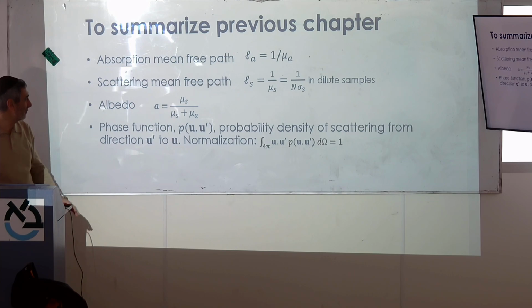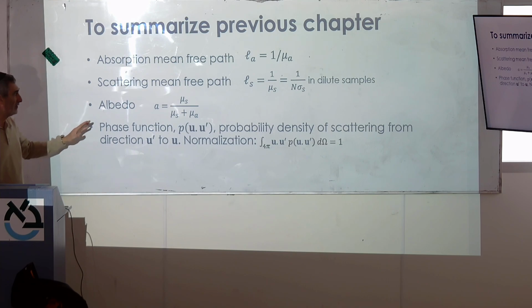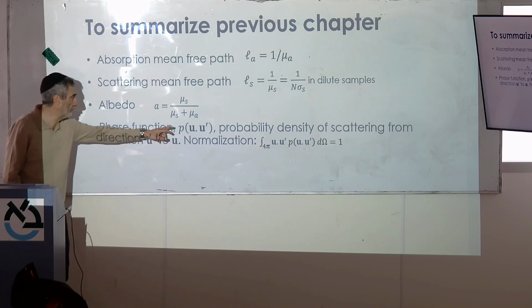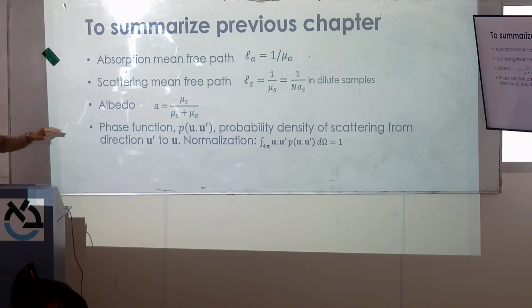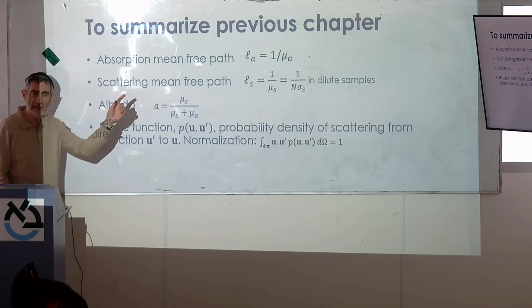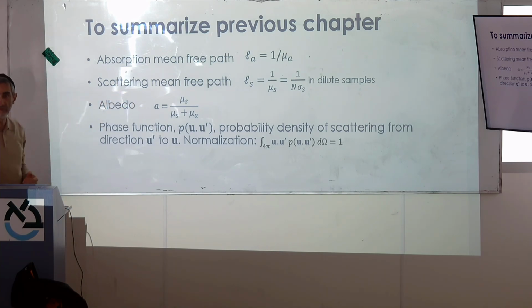So if you remember, we also defined the phase function. That's a long time ago actually. The phase function is the probability density of scattering from direction u prime to direction u. Remember, p of u prime. This phase function will be very important in this course, so keep that in mind. So that gives you the scattering diagram that we learned at the very beginning.